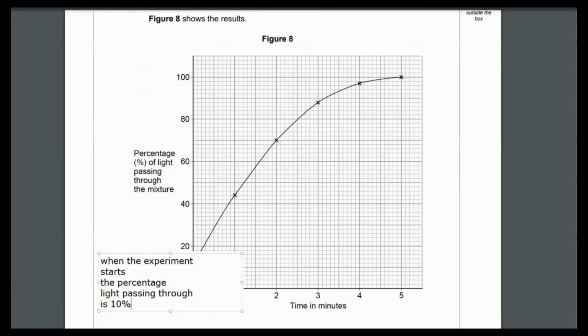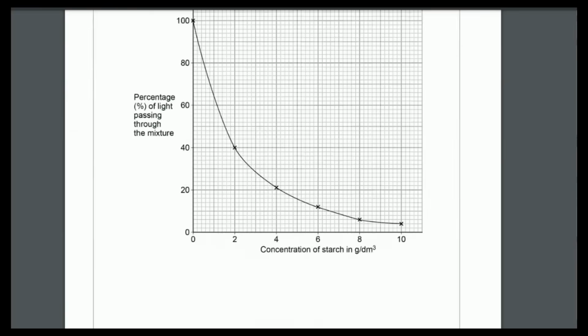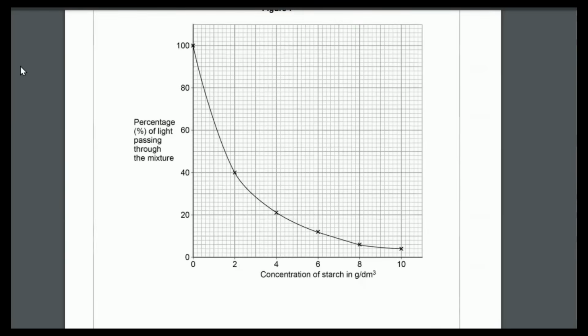So now we need to know, what's the concentration at the start? Because if we're going to do the rate, we need the initial and final concentration. So for the initial concentration at 10%, we go to figure 7 and find 10%. It's right here. We draw a line across to the curved line, and we will know what the concentration of starch is when only 10% of light gets through.